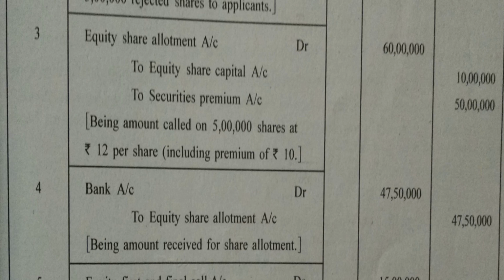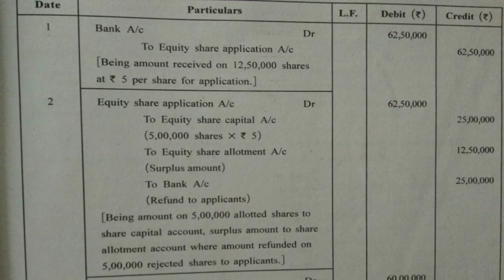Obviously, the next step is about receipt of allotment money. The journal entry for receipt of allotment money is bank account debit to equity share allotment account. Now, 60 lakh becomes due, but the receipt is only of 47 lakh 50,000. How? This is related to journal entry number 2. See here, already we have received 12,50,000 as an advance amount of allotment.